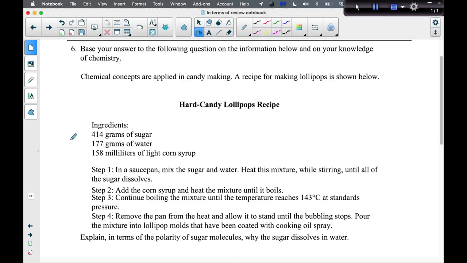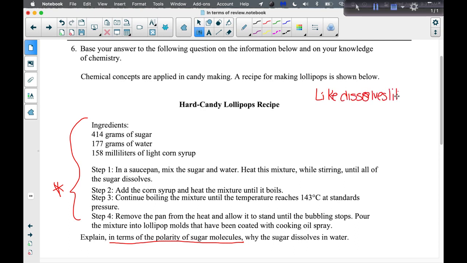Next question has a big long reading that has nothing to do with this particular question, but here it says, in terms of polarity of sugar molecules, why sugar dissolves in water. Remember that like dissolves like, which means that polar molecules dissolve in other polar molecules.